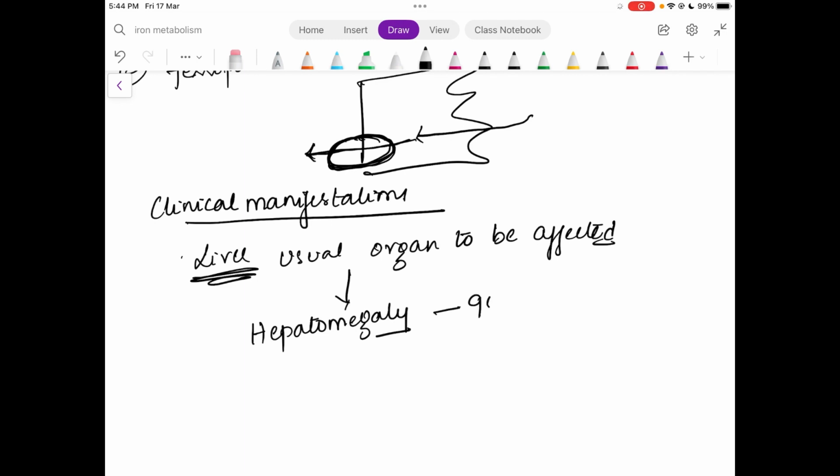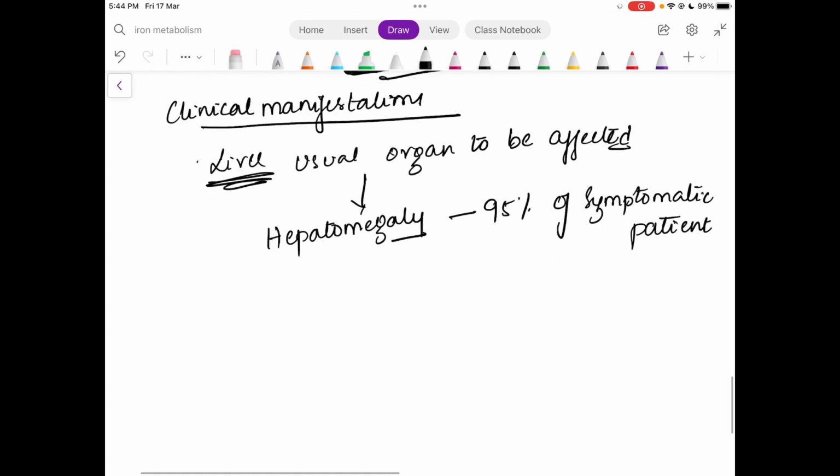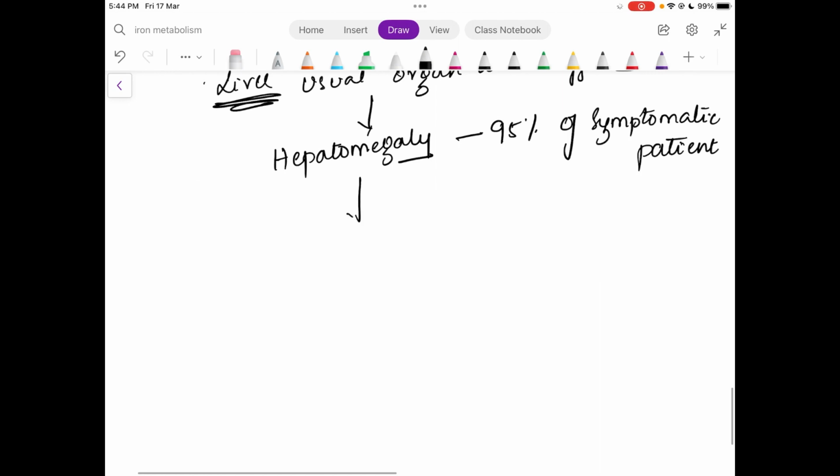This hepatomegaly is seen in 95% of symptomatic patients. And this hepatomegaly in the long run will cause portal hypertension and cirrhosis.